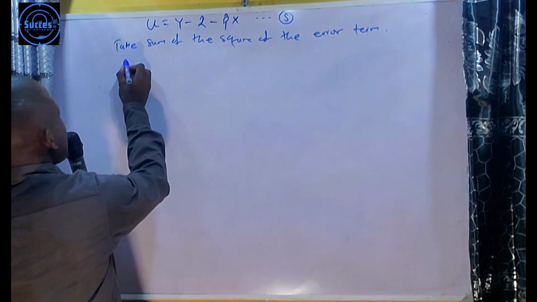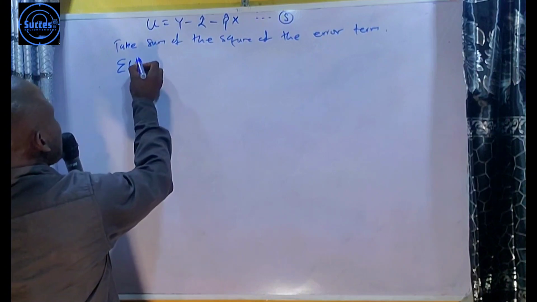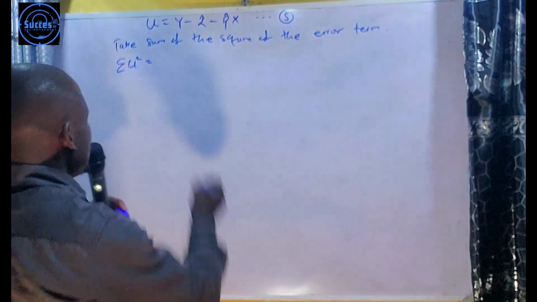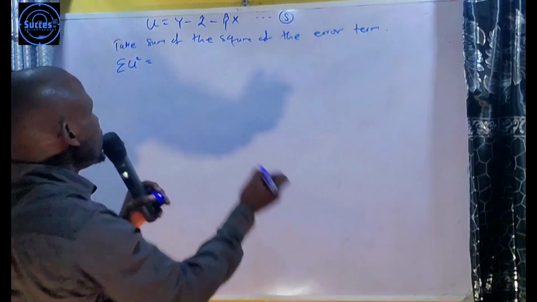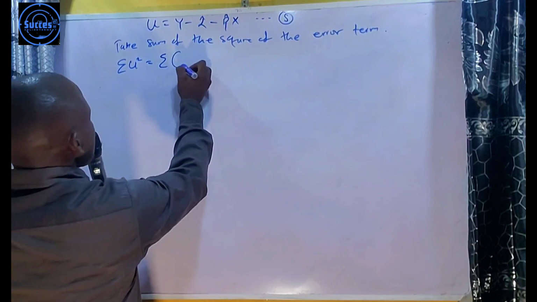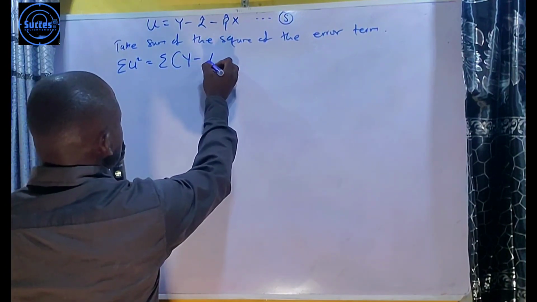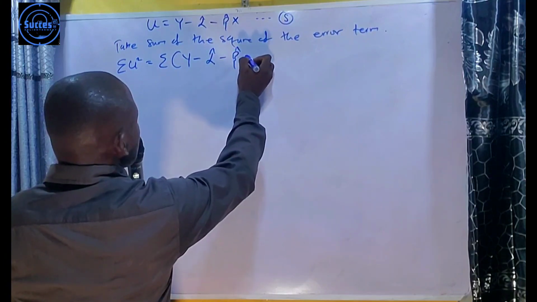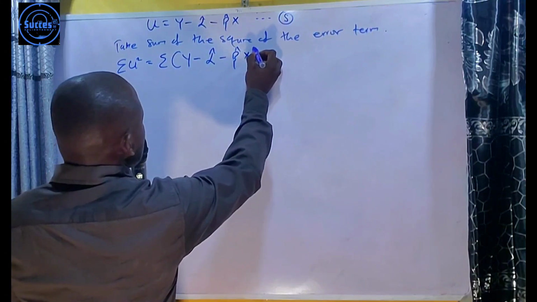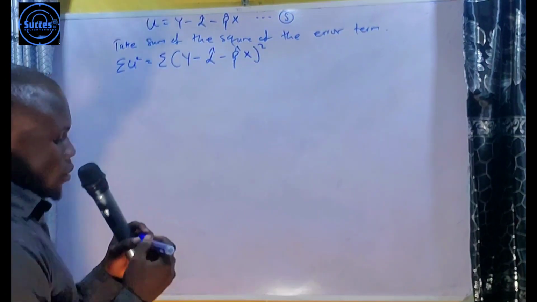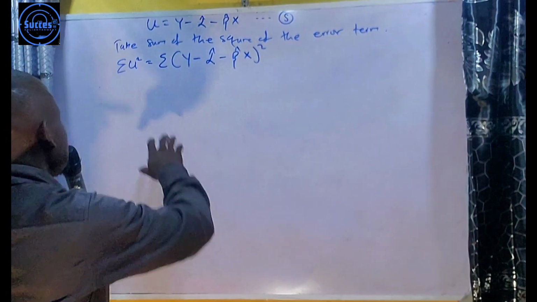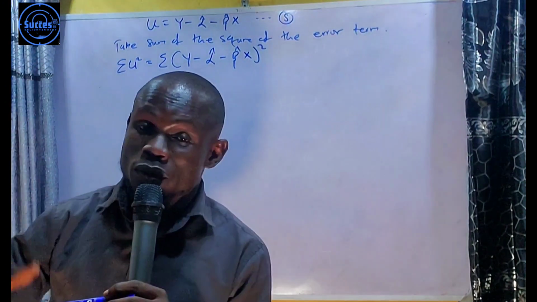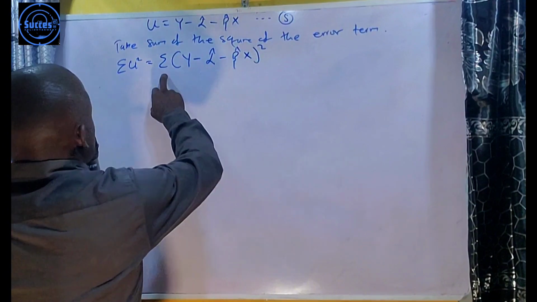That is the sum of error term squared, the summation of the error term squared, which will be, don't forget, this is your error term: summation of Y, capital Y, minus alpha estimate minus beta estimate X, all squared. This is the sum of the square of the error terms.